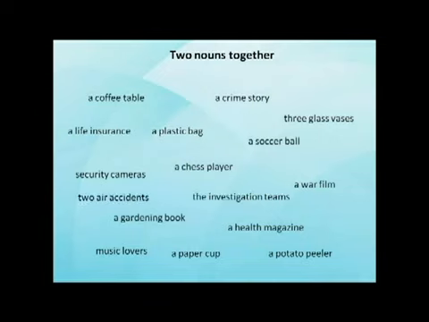Two accident investigation teams, 2 accidentes aéreos, los equipos de investigación. Fire alarm, an eye test, alarma de fuego, un examen de la vista, de los ojos. A bookcase, a picture gallery.